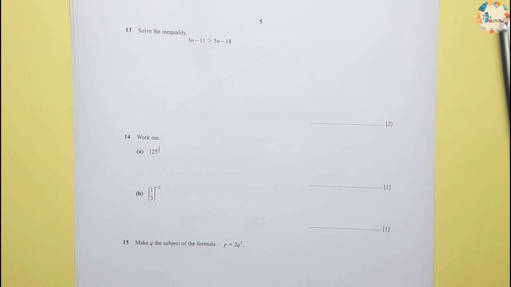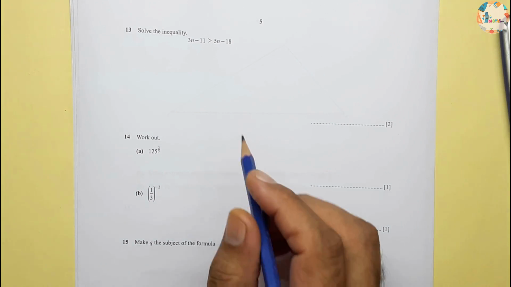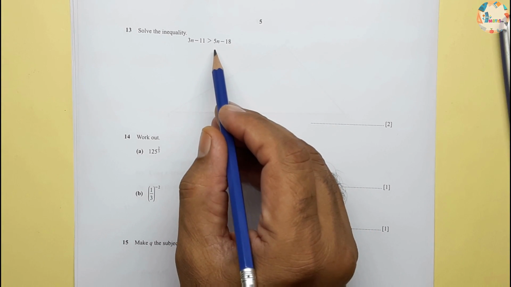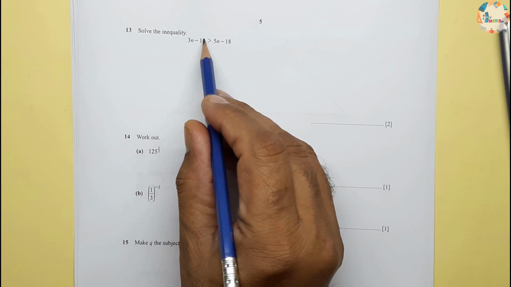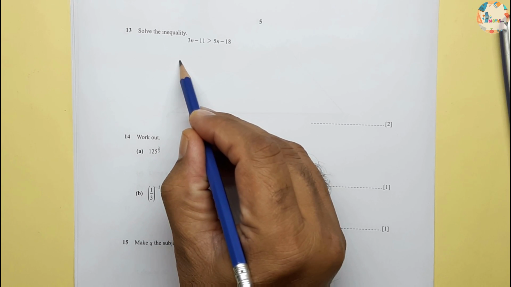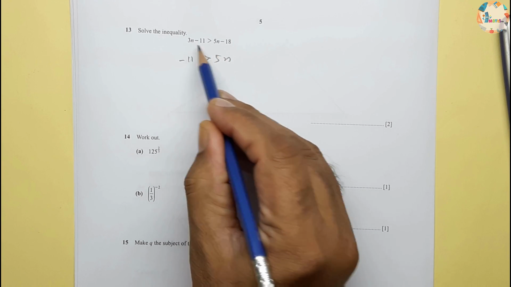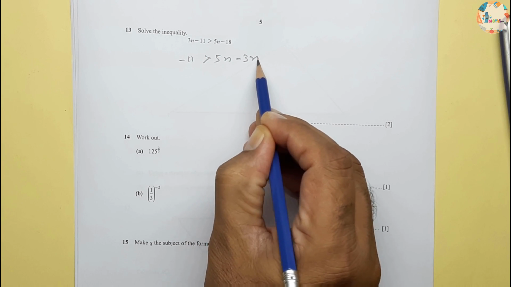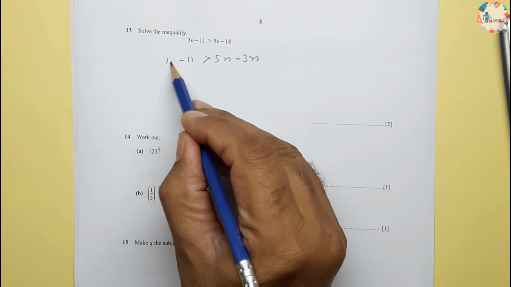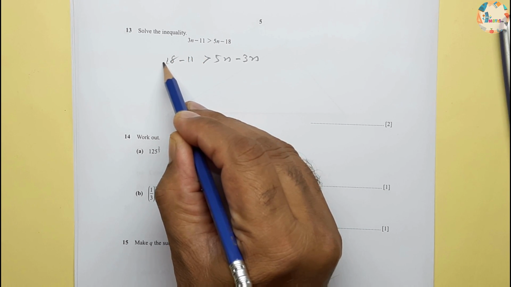And then comes question number 13. Solve the inequality. 3n minus 11 is greater than 5n minus 18. So we will be shifting this 3n value to the other side. So we can write minus 11 is greater than 5n minus 3n, and this 18 we can shift to this side. So plus 18 will be coming here.